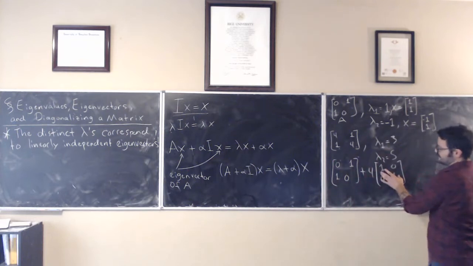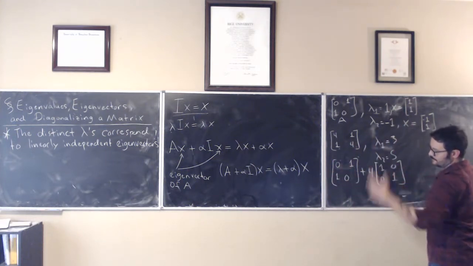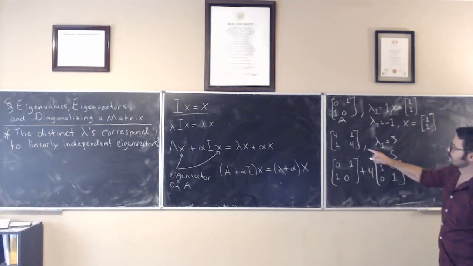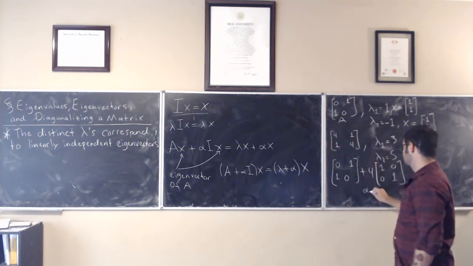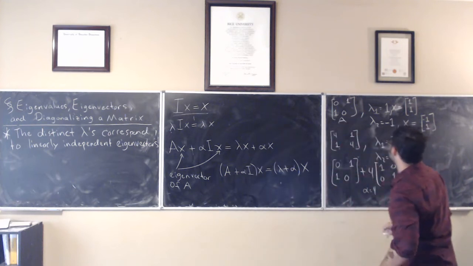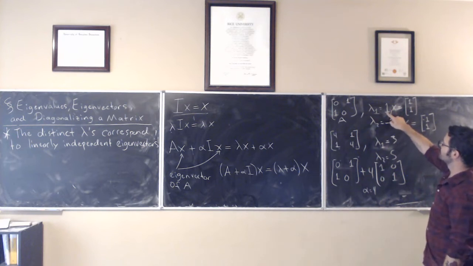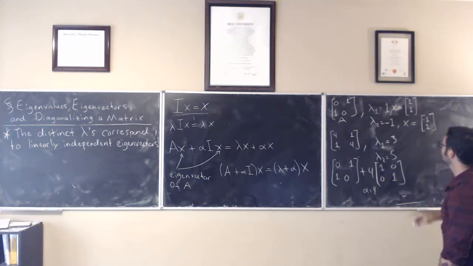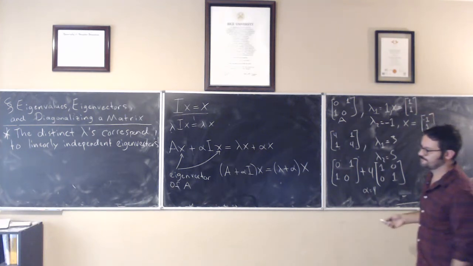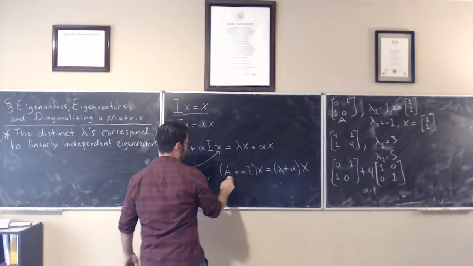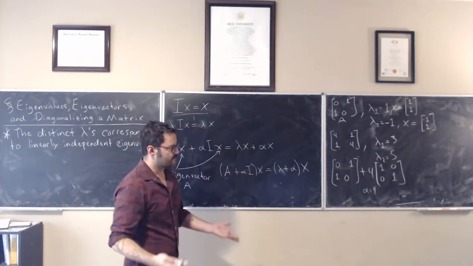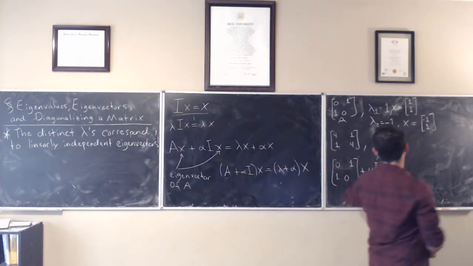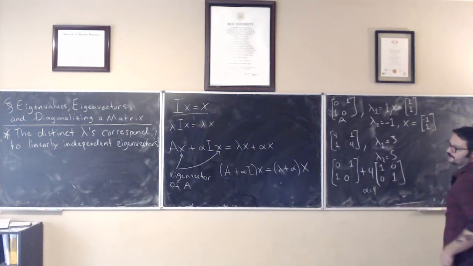So this matrix can share eigenvectors with this one, so we put them into that equation, and we see, what are the eigenvalues of the resulting matrix? Well, alpha in this case we chose to be 4, so the eigenvalues are going to be 1 plus 4, which gave us that 5, and then negative 1 plus 4, which gave us that 3. And the eigenvectors are the same. The eigenvectors of A are the same as the eigenvectors of A plus any multiple of I. So that was another way that we could have found these eigenvalues and known the eigenvectors.